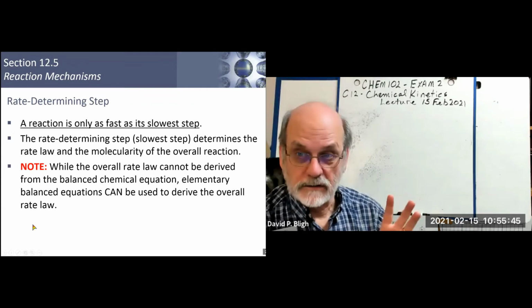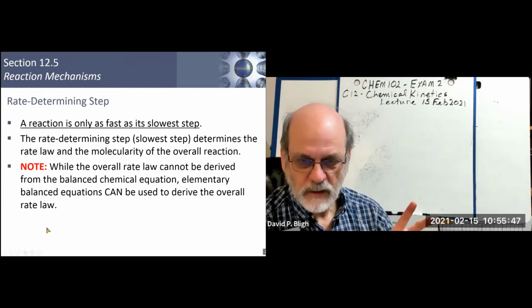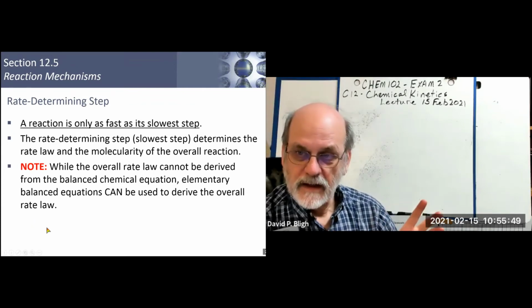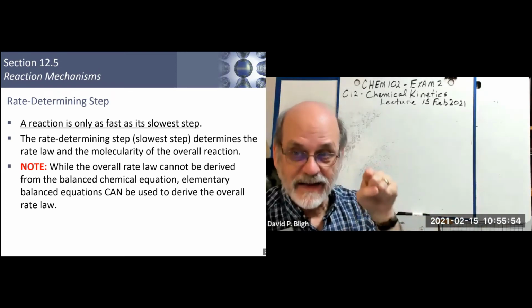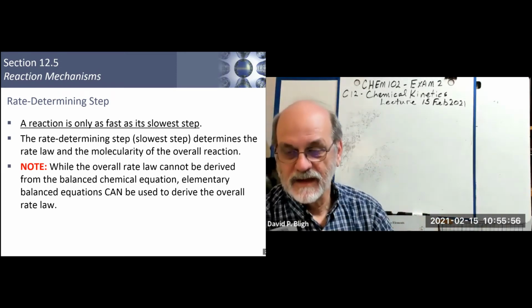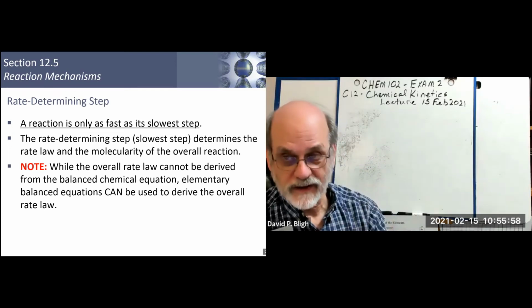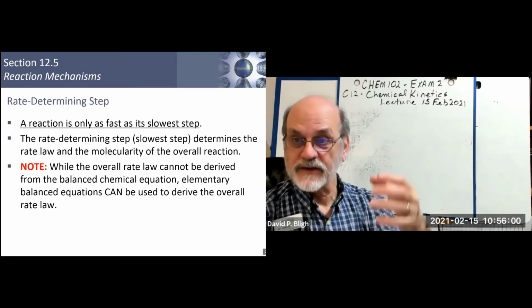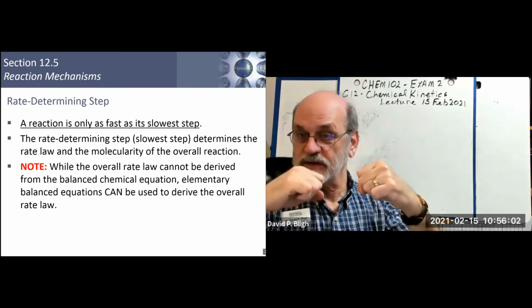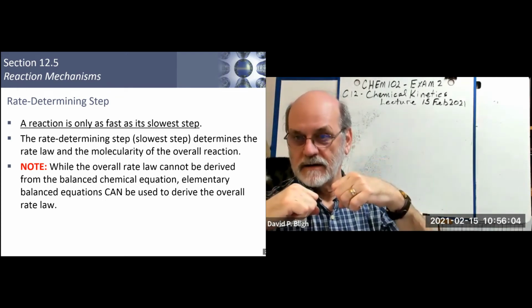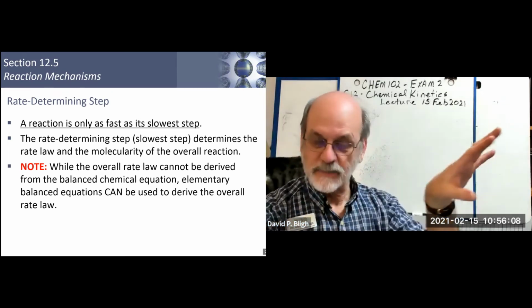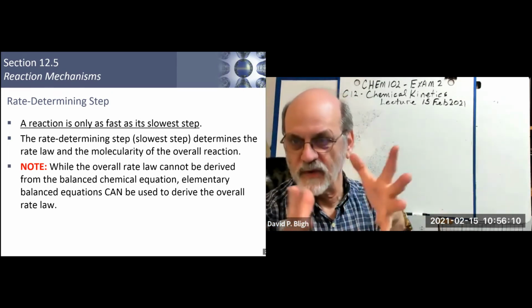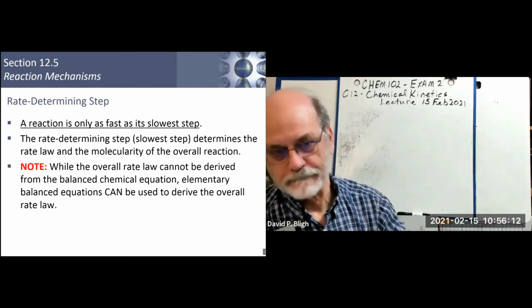Now, that's good to know, because if you know that, then the rate of the overall reaction is determined by that elementary step. And then you can work out the rate law from the elementary step and see if it coincides with the experimentally determined rate law that you did independent of this theoretical exercise.